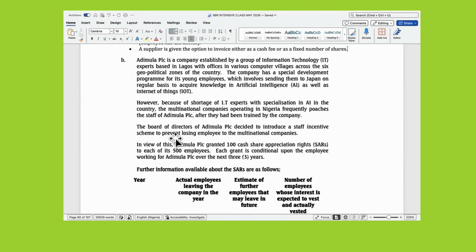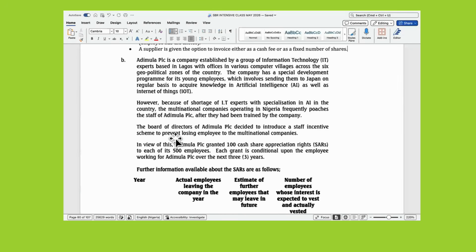So, all in all, the major part of this question is the fact that the company is giving share appreciation rights to its 500 employees. And the condition is that they must work for the company for the next 2 years.